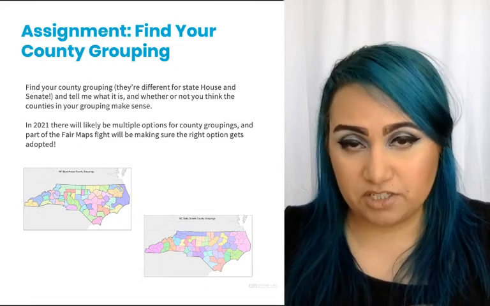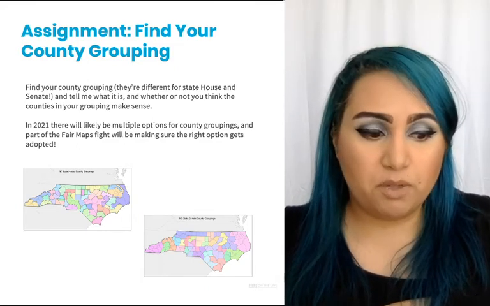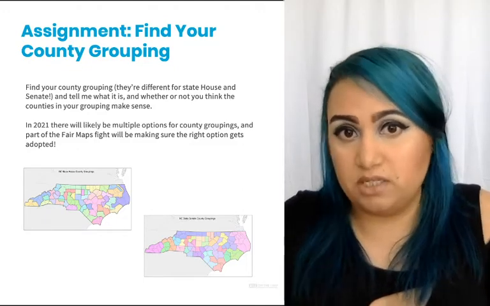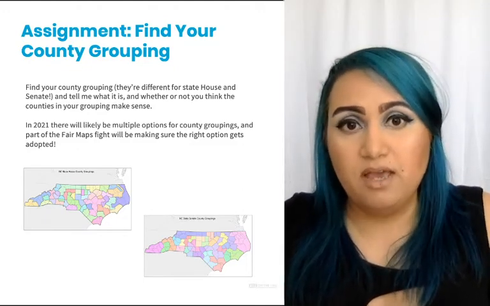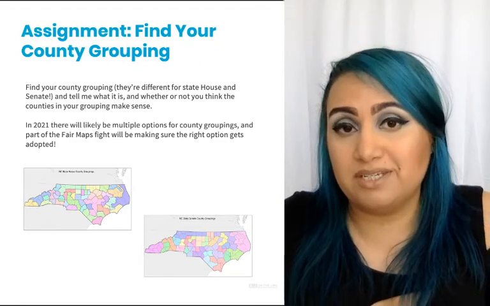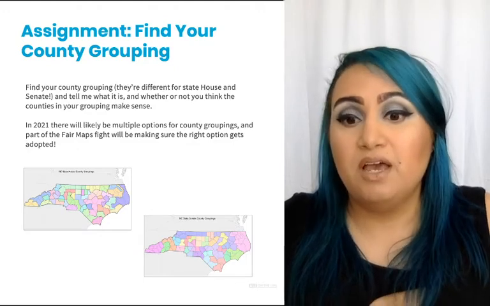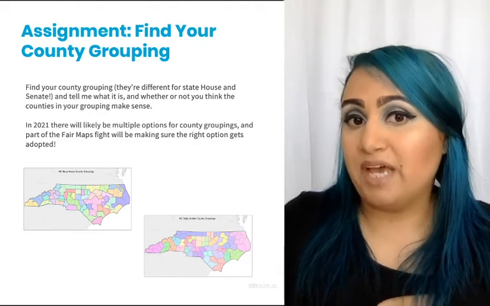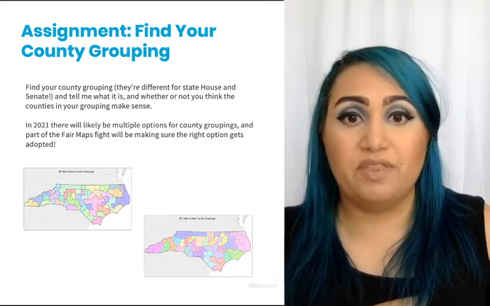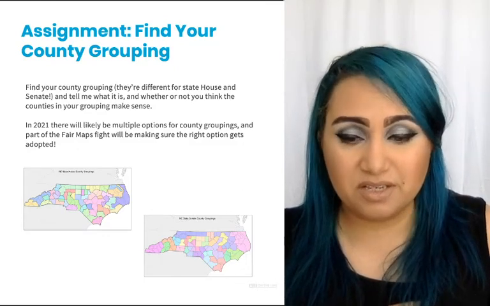So because it has this huge effect, that is going to be a point on which we are going to have to fight for fair maps, is through the county groupings. And it's something that you won't learn elsewhere because it doesn't happen in other states, but it's something that kind of went by without a fight in 2011, and something that we don't want to let go by without a fight in 2021 because it is so important.